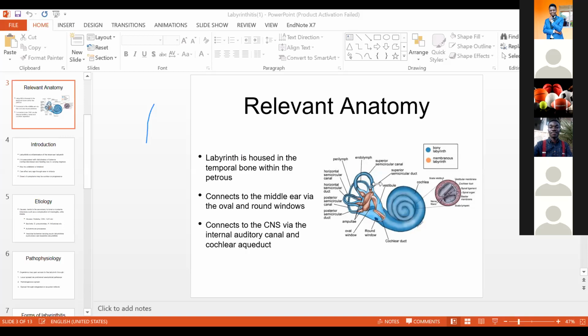So we call it mastoidectomy. I've typed it, mastoidectomy. That is what we use to manage cholesteatoma.